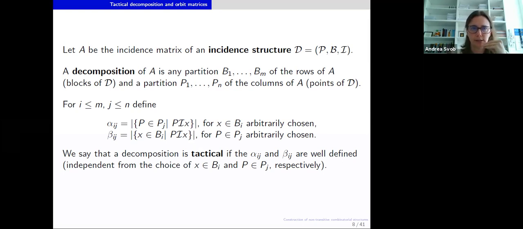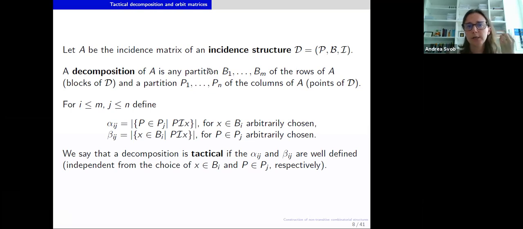The decomposition is any partition B1 up to Bm of the rows of A and a partition of the columns of A. In this talk, the partition of the rows is related to the blocks of D, so we are partitioning the blocks, and on the columns we are partitioning the points.